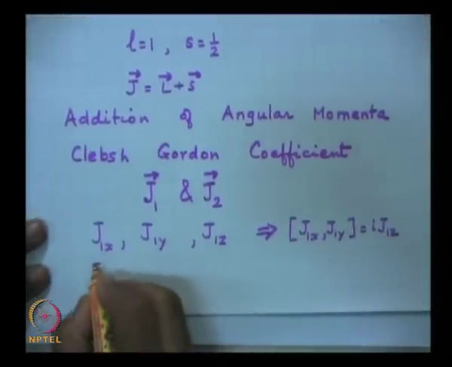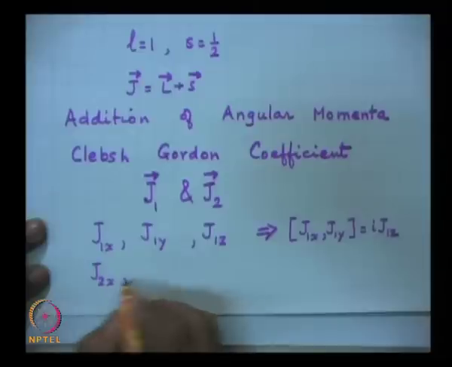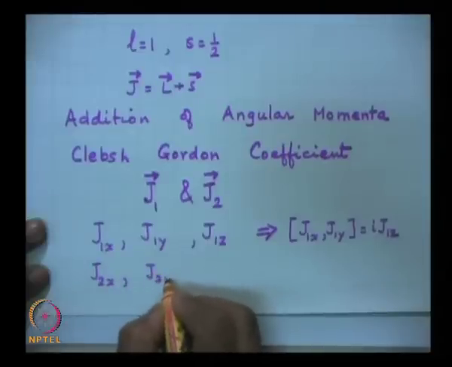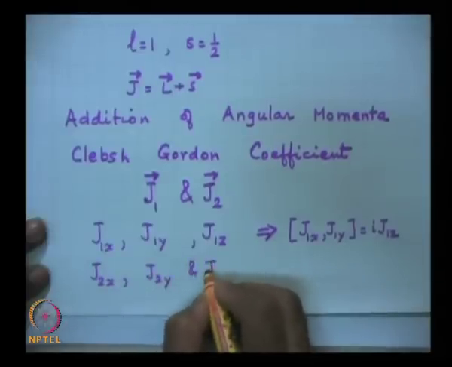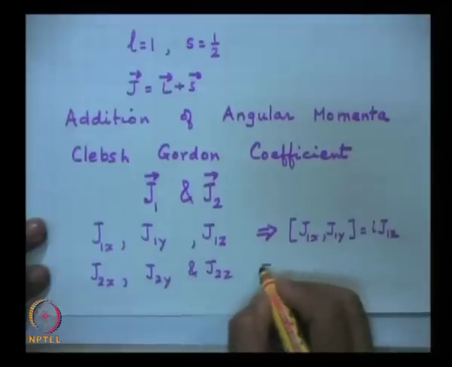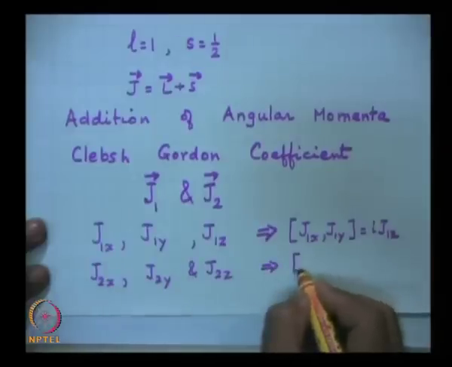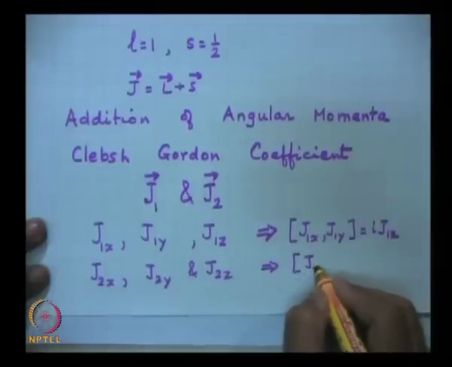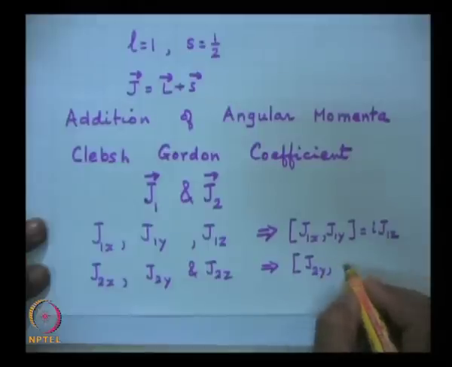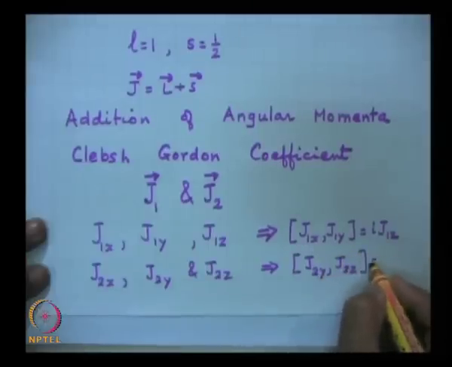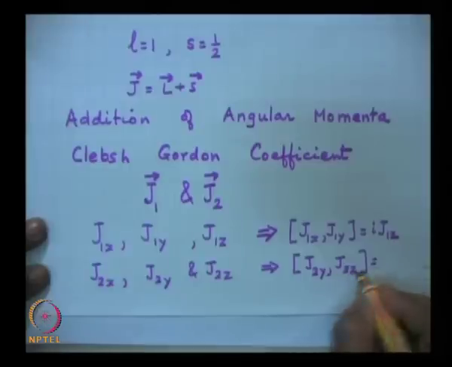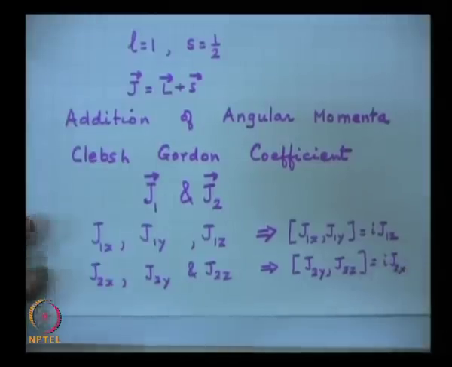Similarly, we have J2x, J2y and J2z, and they also satisfy the same type of commutation relation, that is [J2y, J2z] is equal to i J2x, and similarly for the other relations.